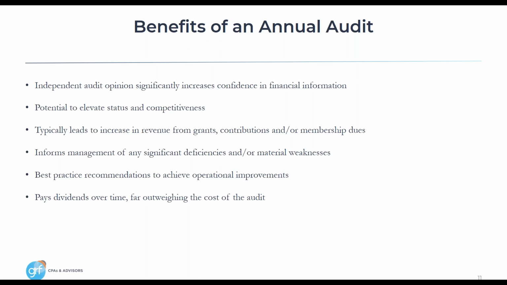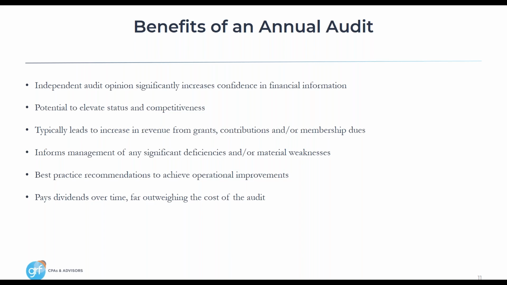Well, there are many, but for example, grantors. If you're a foundation, a 501c3 organization, any grantor giving you a significant amount of funds will want to see your audited financial statements. If you're a membership organization, current members and potential members, future members, will want to see your audited financial statements. They want to know what you're doing with their money and how you are performing.